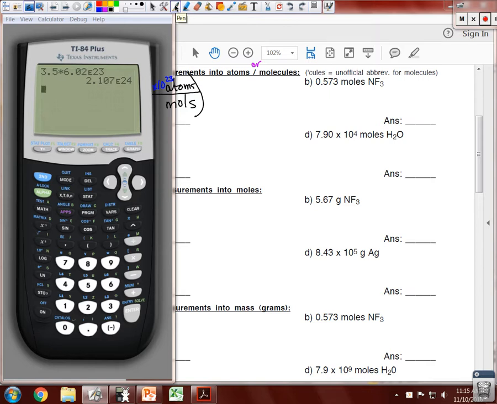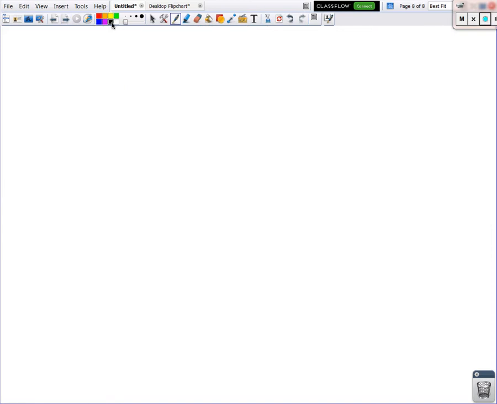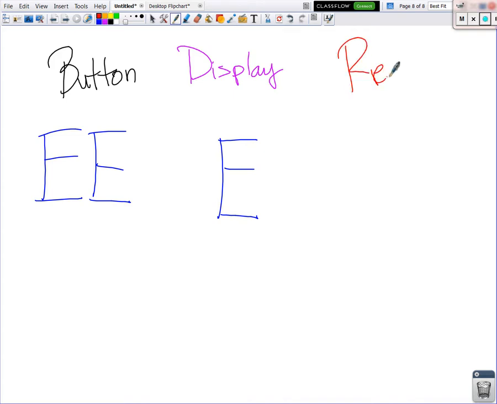The E represents, that's a good question. So in my calculator, the button is EE. The display is E. But what it represents is that.